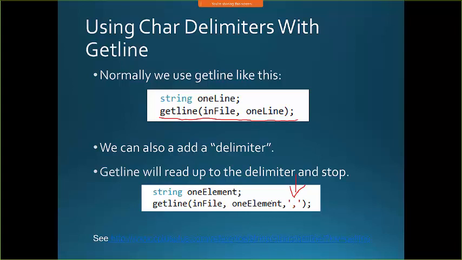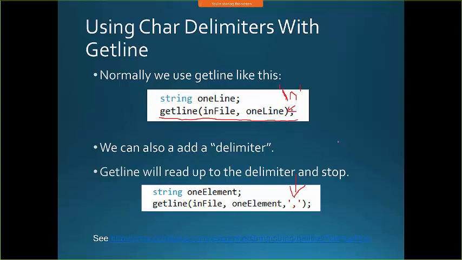Single quotes. And what this means is that rather than reading to, it's basically like \n is the default delimiter in a getline, but you can specify a different delimiter. So it's almost like you have that in here. If you put a \n at the end, it would kind of do a getline the same way.